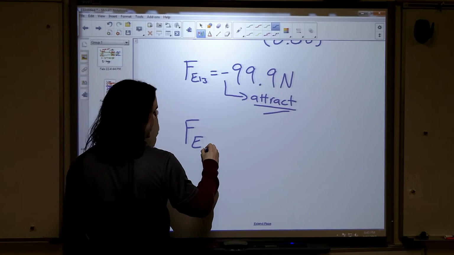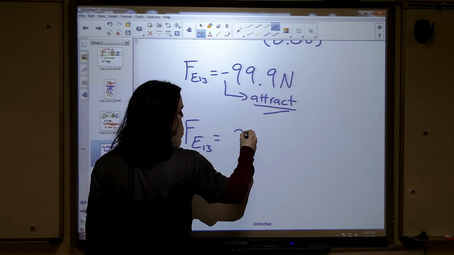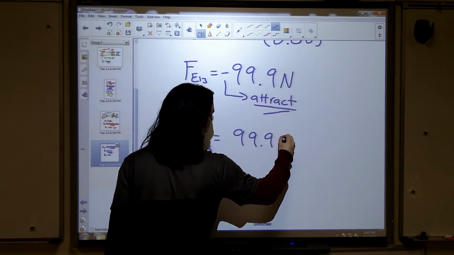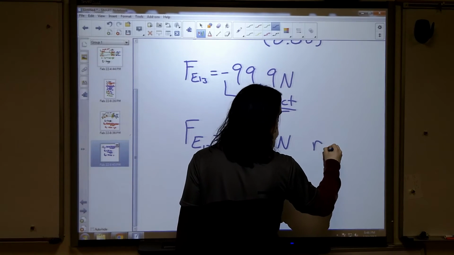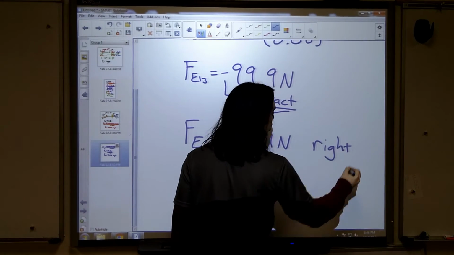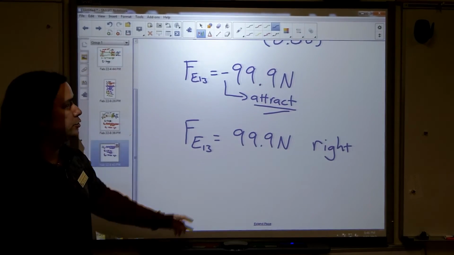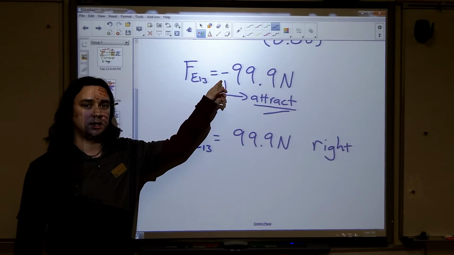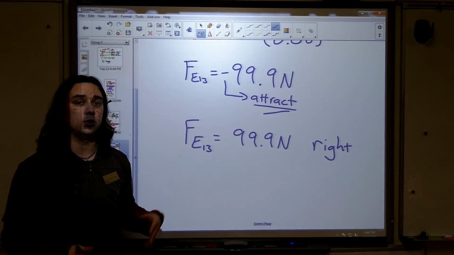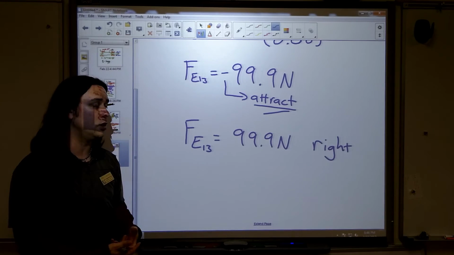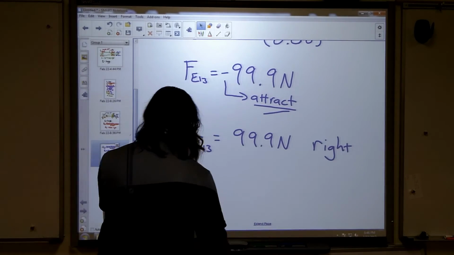So, writing this out, we actually have positive 99.9 newtons to the right. Both forces are to the right. Do not get tripped up on the positives and negatives of this. They only tell you if the particles are attracting or repelling.